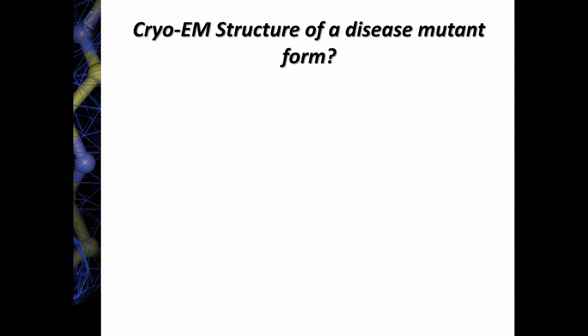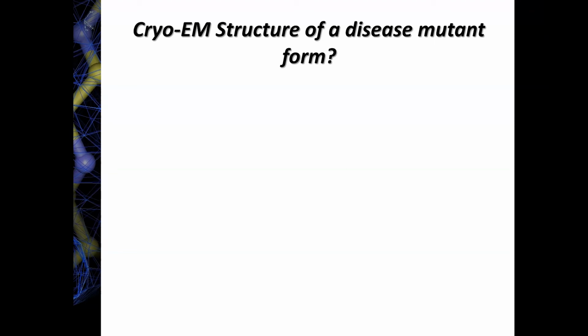And most cryo-EM studies to date have been performed on ryanodine receptors isolated from native material, so either from skeletal muscle, for example, rabbit skeletal muscle, or from pig hearts. And so you just use the native protein that's available. And it's very straightforward to do. The only problem is, in that case, you're stuck with the wild type protein. So how are you going to compare with the structure of a disease mutant form?